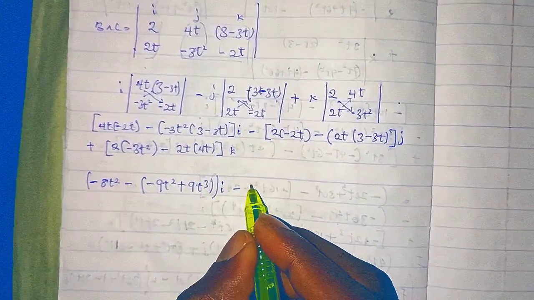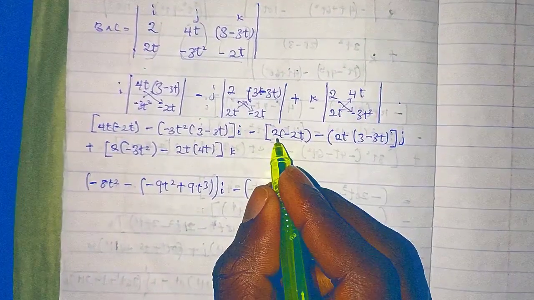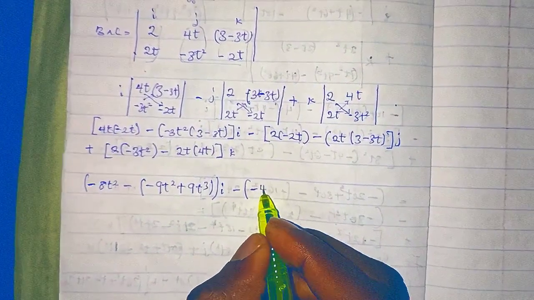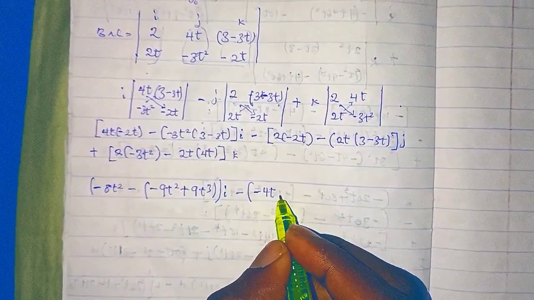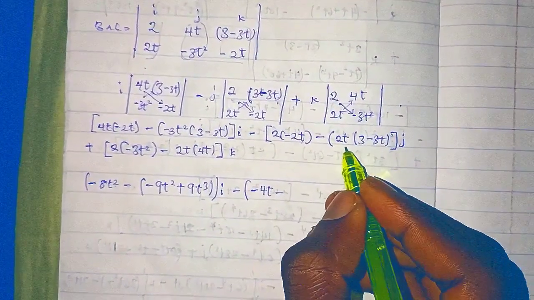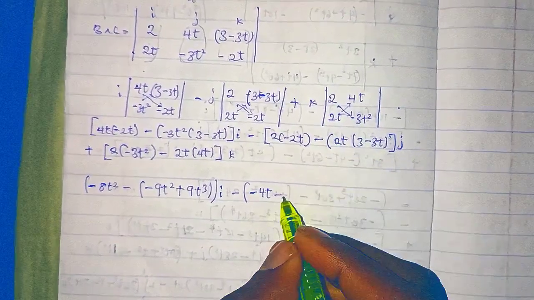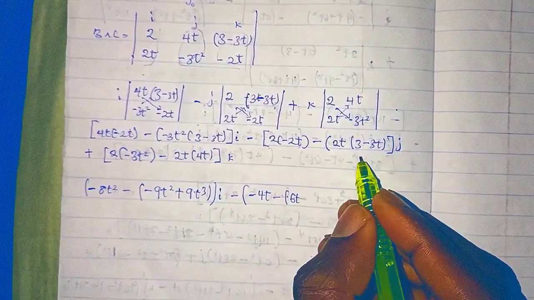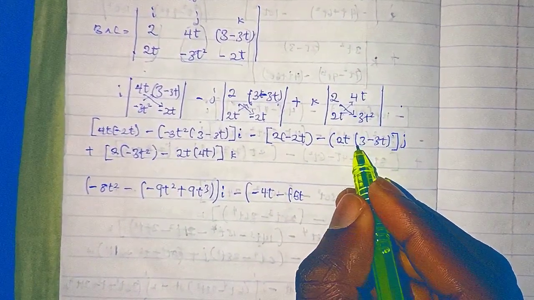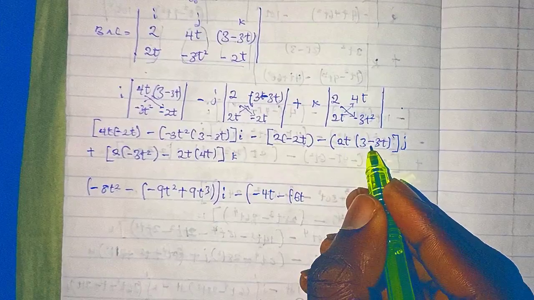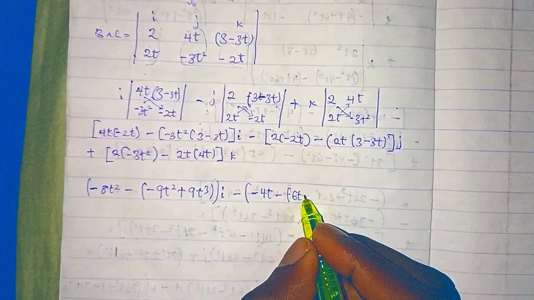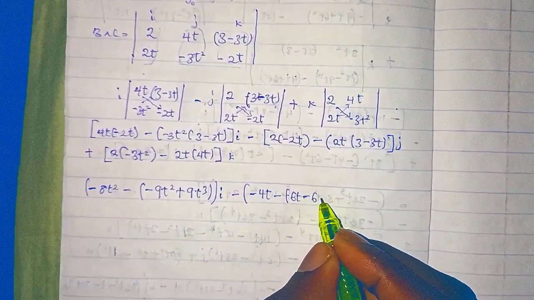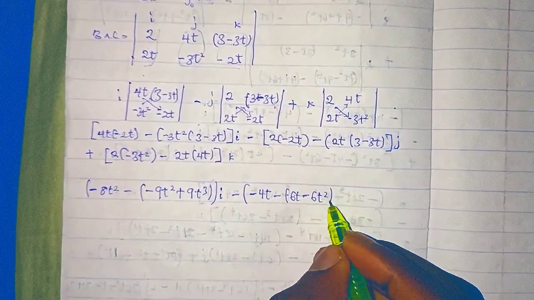Now let's move to j. See what we've got there. The product of these two will give us minus 4t, minus, let's clear this bracket, 2t into 3 will give us 6t, and 2t into 3t will give us minus 6t squared.